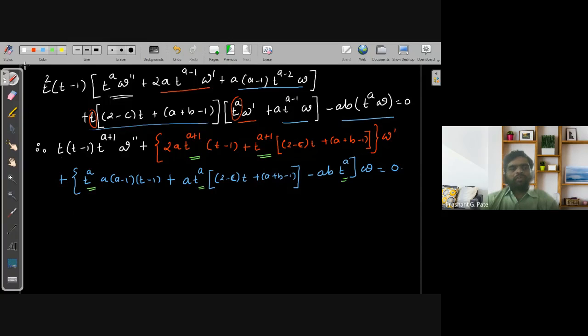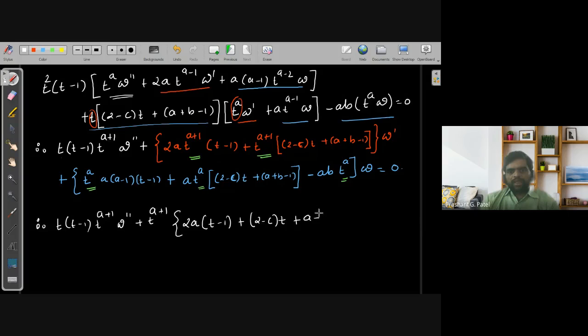So further, we can simplify or write this equation as t into t minus 1 t power a plus 1 w double dash plus t power a plus 1, inside bracket we will have 2a into t minus 1 plus 2 minus ct plus a plus b minus 1, w dash, plus t power a is common from these three terms.